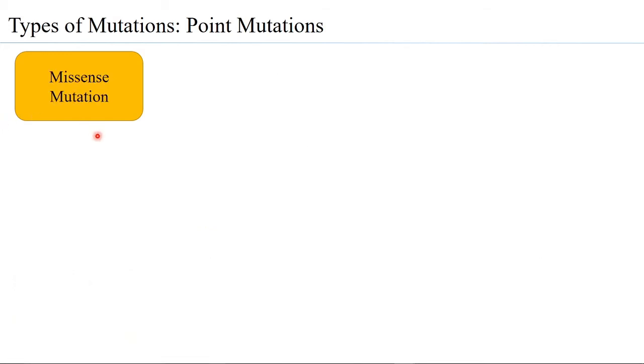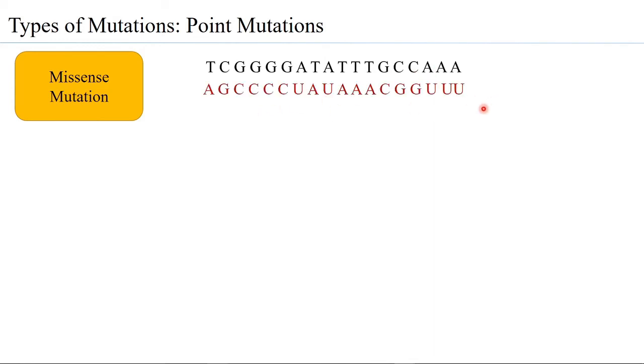Now we go to the next point mutation type, which is called missense mutation. So one of the types of point mutations is missense mutation. Let's again say, for example, you have the DNA template on which the RNA is being synthesized, and that RNA being translated to a protein. So the sequence of the amino acids in the polypeptide is this.